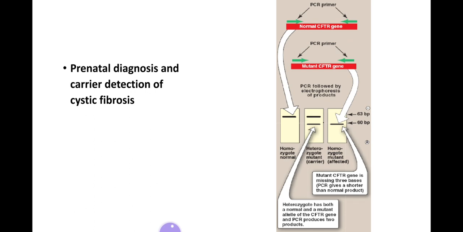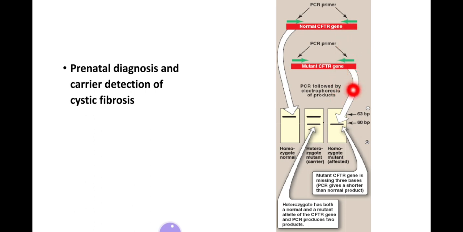CFTR is the cystic fibrosis transmembrane conductance regulator protein, and the mutation present in the CFTR is a 3-base deletion that results in the loss of a phenylalanine residue from the CFTR protein. So this is the normal CFTR, and this is the mutant, which is a little bit smaller than the normal.